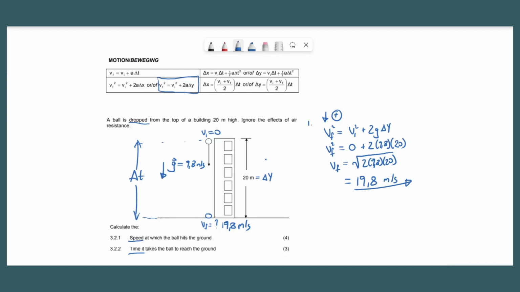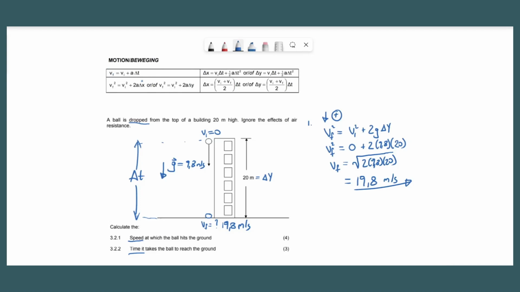And so with all of this information that we have, we can just go to our equations of motion and see which formula would be suitable to solve the problem. By doing so, let me erase this.